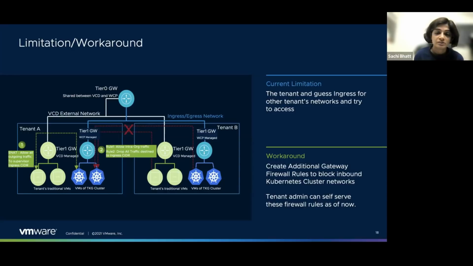Whereas the TKGM and CSE based model is more like we configure and provide them the extension, and then the customer can go ahead and manage the life cycle of the Kubernetes cluster. That's how I look at it. Okay.